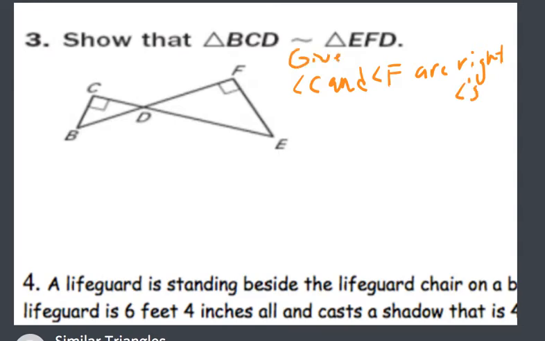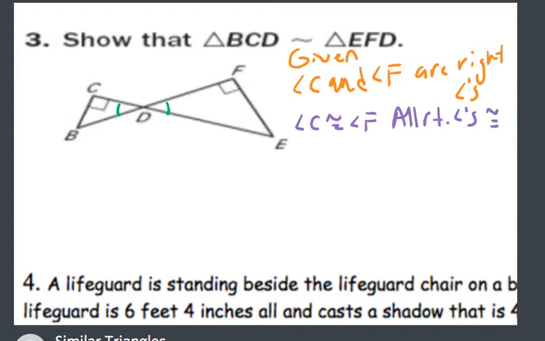I'm going to say given. Not a lot of room on here. Sorry, I'm having to make my video a different way than normal. And I'm going to say that angle C is congruent to angle F now because all right angles are congruent. And then I'm going to go on and say that these angles here, these vertical angles, are congruent.